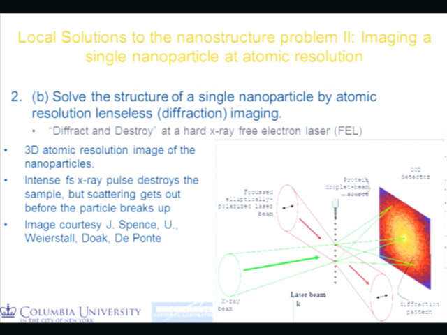The beam comes this way, and you get multiple shots of randomly oriented nanoparticles. Then you use very clever algorithms to reconstruct them using computing. So they've got low-resolution images of viruses now, and fairly low-resolution structure solutions from nanocrystals, but they haven't managed to get a single nanoparticle structure solution.